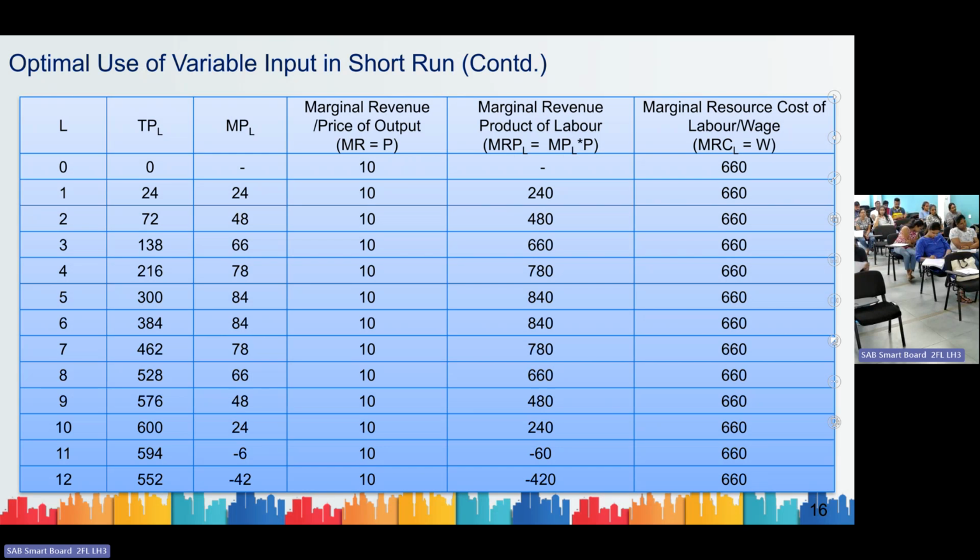You are given labor input, and you are given total product of labor, that is output Q, and MPL is given for you, that is change in TPL divided by change in L. For marginal revenue product of labor, marginal revenue or the price of the product is 10. It is fixed.